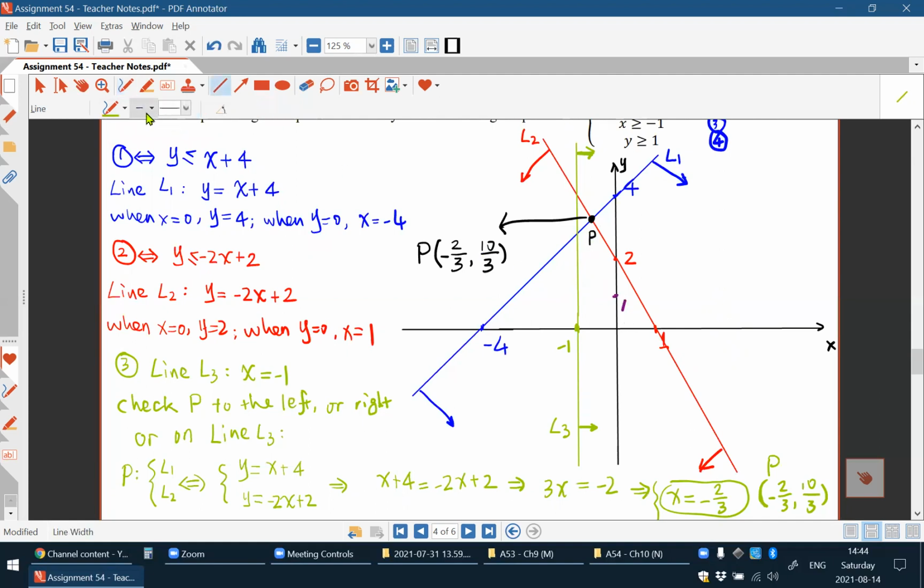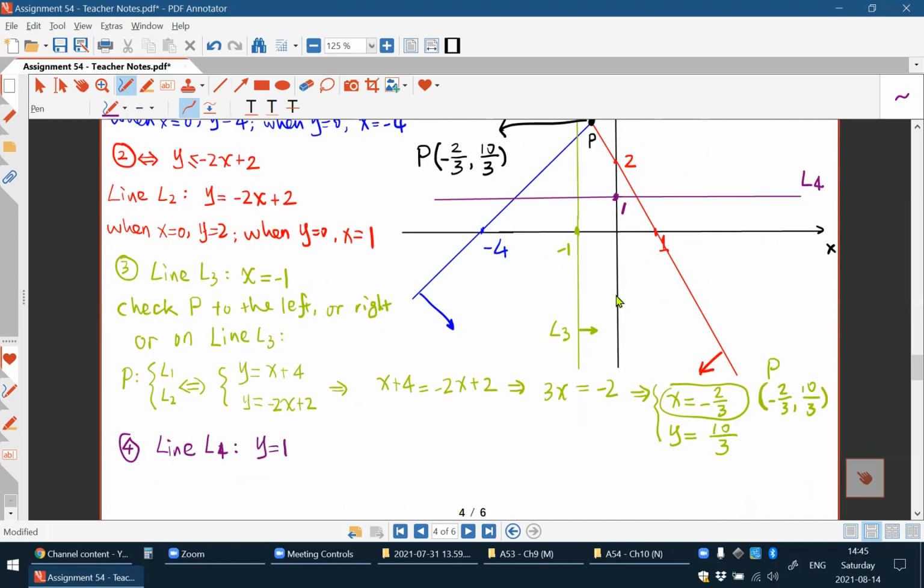Or line 4 should look like this. Okay, this is our line 4. Again, check the relative position of P to line 4. The y coordinate of P is 10 over 3. Of course, 10 over 3 is greater than 1. So P must be above line 4. Okay, so in this way, we can safely draw line 4 in this position.